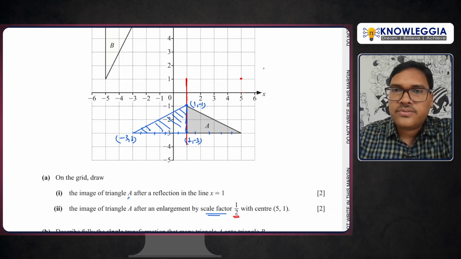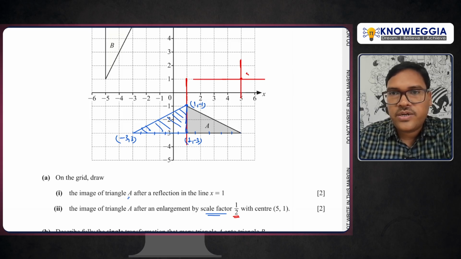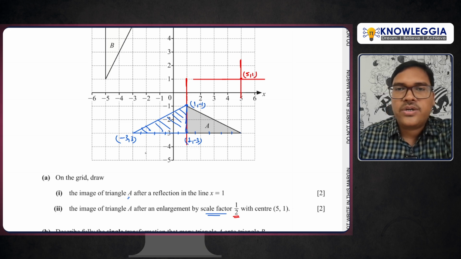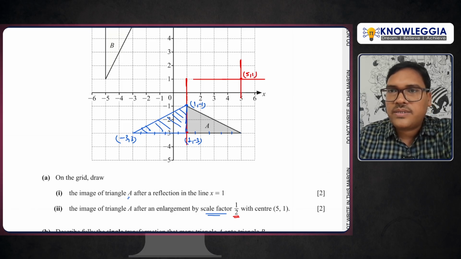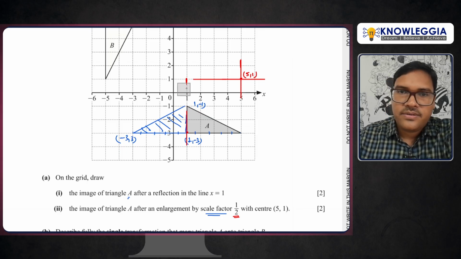So what you can do is, let's say if I consider this as our x-axis, this is our origin, this is point 5 comma 1. Now with respect to 5 comma 1, what is the coordinate of this and the coordinate of this? So let's draw like this. So what I can do is I'll just erase everything here.